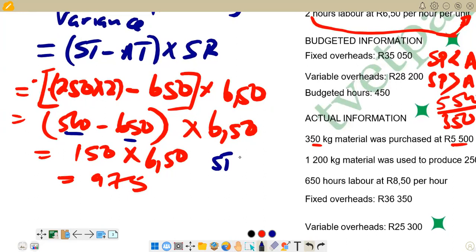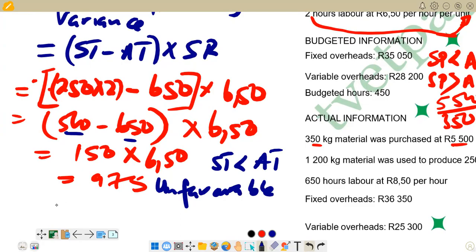So in that instance, we have an unfavorable position. The opposite is true when our standard time is greater than our actual time, then we have a favorable. So this is what we have in terms of 2.4.